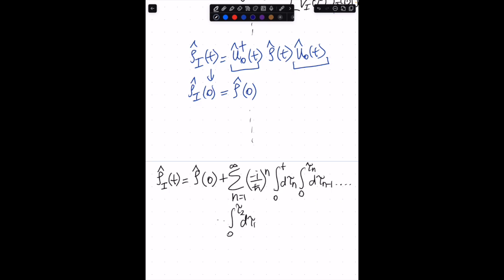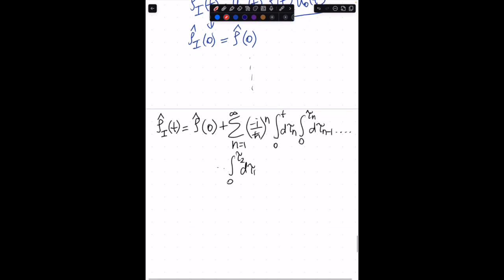Again, in the previous case too, I changed the integration variables to tau n minus 1, and I didn't describe the way they are ordered. I apologize for that, but I will take care of it here so that we are careful with the order of integration of our variables.